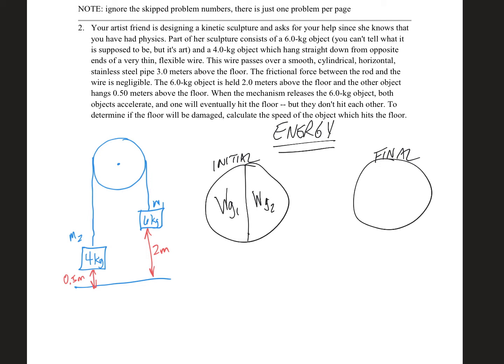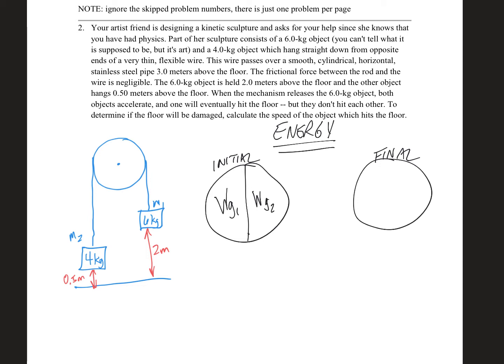All right. Now, we know that this 6 kilogram mass, it's going to fall. It will hit the ground, and when it hits the ground, it will no longer have gravitational potential energy, but the other one will. So I know that on the final side of this equation, there's going to be only one gravitational work term. And both of these blocks will be moving.